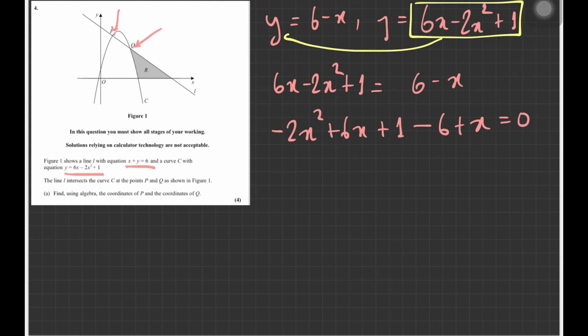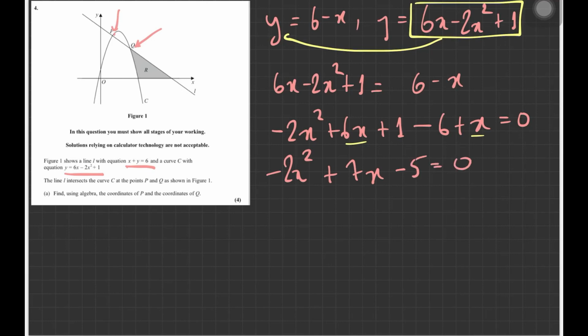And now let's combine the like terms together. So minus 2x squared remains as such. 6x you can add with x, so that will give you plus 7x. And then 1 minus 6 will give you minus 5 is equal to 0.